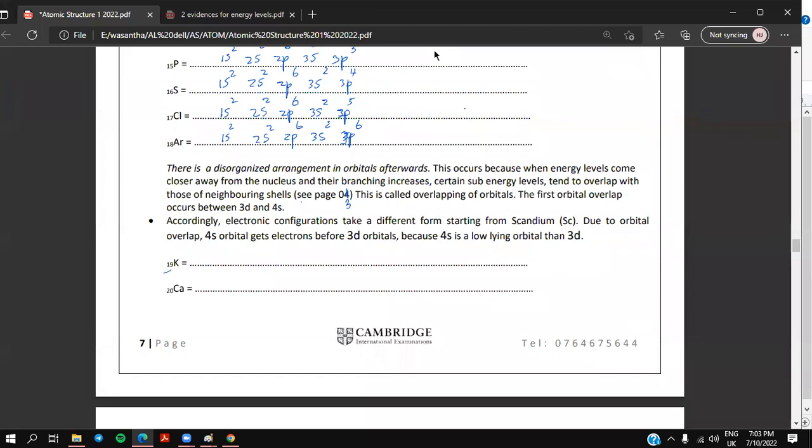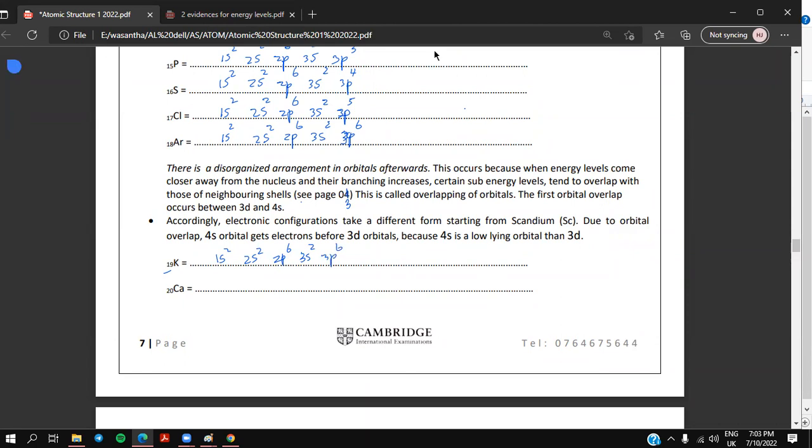So we'll write the electronic configuration for potassium. Shall we do it? 1s2. Don't think about the lesson I talked about now, because it will be after calcium. 1s2, 2s2. You should know this by heart now. 1s2, 2s2, 2p6, 3s2, 3p6.